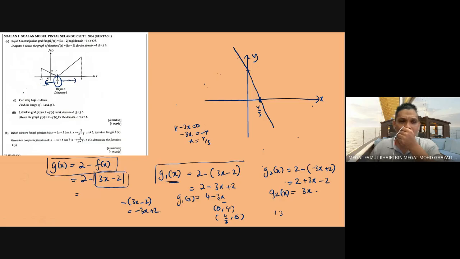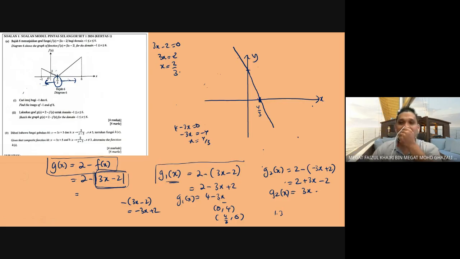And because we are referring to this again, 3x minus 2, make it equal to 0. 3x equals 2, and then x equals 2 over 3. Where is the coordinate of 2 over 3? Left side of 4 over 3 or the right side of 4 over 3?